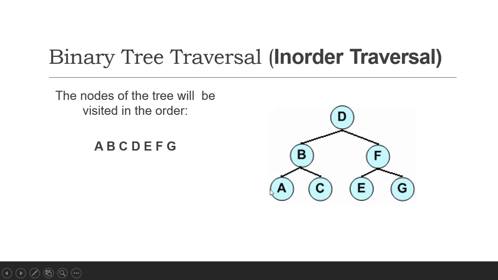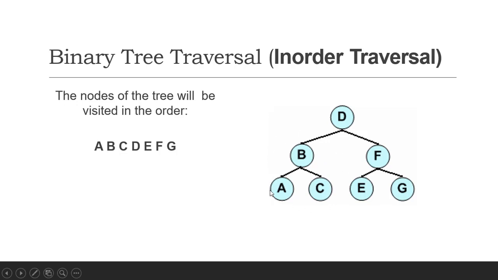So if you evaluate the left subtree of D, for example, then you visit the root and go to the right subtree. That's why we have these letters: A first, then B, because we have to visit the root, then C, then visit the right subtree.